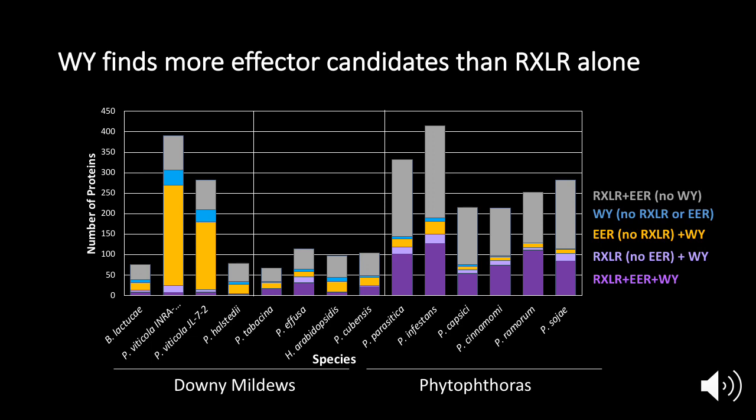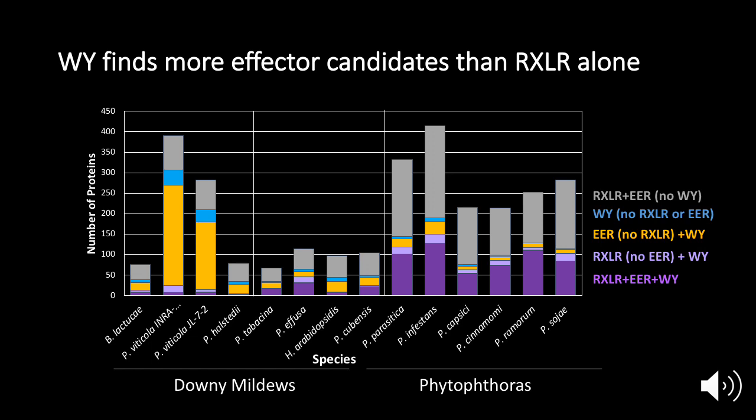So in purple here, I have RXLR with EER with WY. And you can see Phytophthoras have quite a few of those, less so in these downy mildews, and even less so in this clade of downy mildews. And then downy mildews in particular seem to be dominated by proteins with EER and WY, but no RXLR. And there also are quite a few WYs that don't have either.